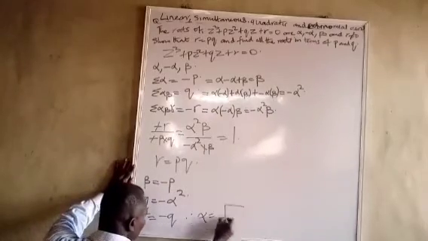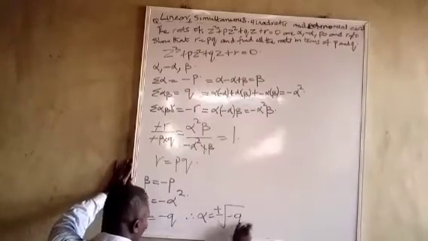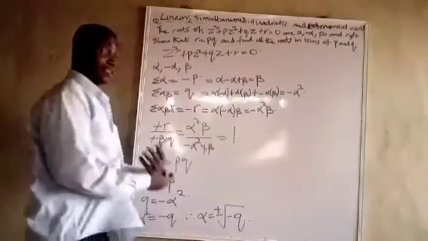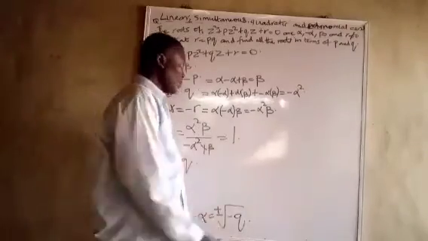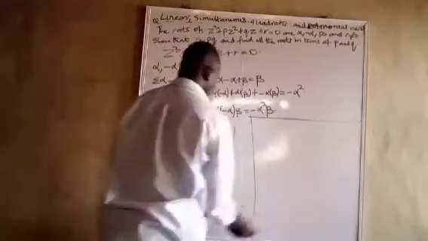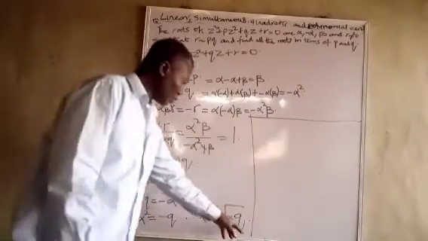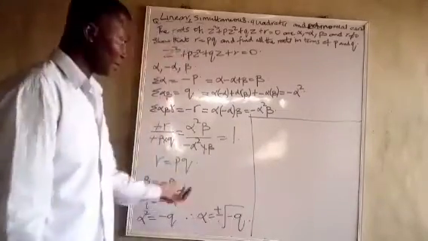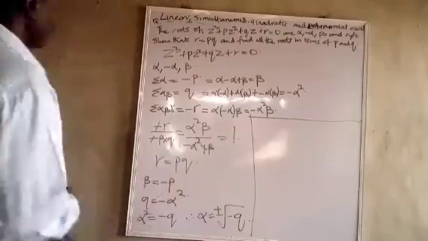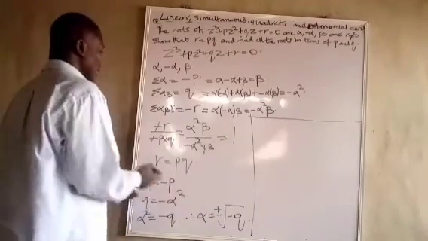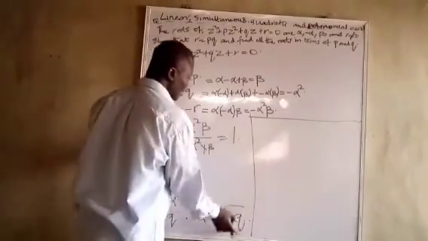Alpha is equal to plus or minus root of minus q. It's not necessary that this will give us complex or imaginary roots, because q can be negative itself. So it can give us real, rational or irrational numbers, whatever. But it's not necessary to be imaginary or complex.